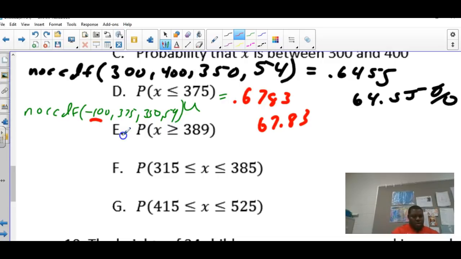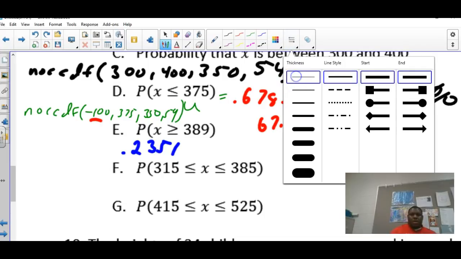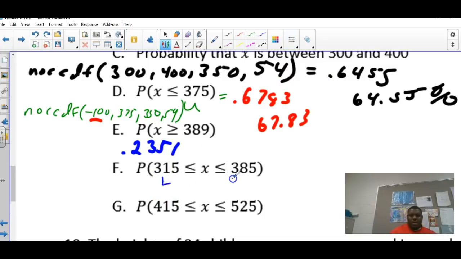And when you do this one, your answer should be 0.2351. When you do this next one, you're going to have lower bound and upper bound, and when you do this one, it will give you 0.4831.